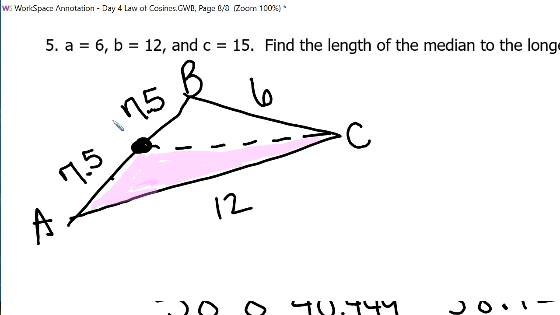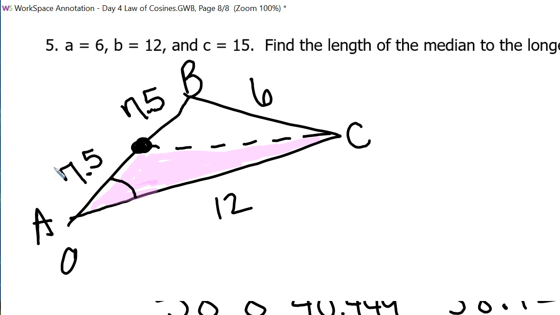So using that outermost triangle, the big triangle ABC, I can use the law of sine, not the law of sine, the law of cosine, to find the measure for angle A. So if I'm looking for angle A, do I have to use the formula with A squared, B squared, or C squared? A squared.